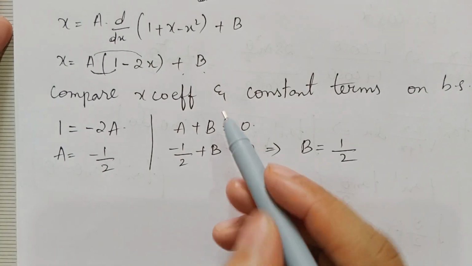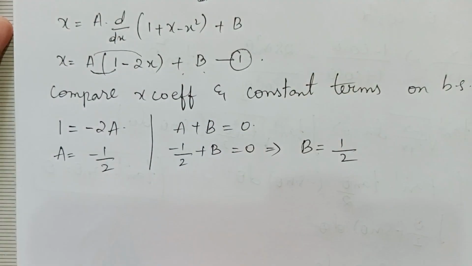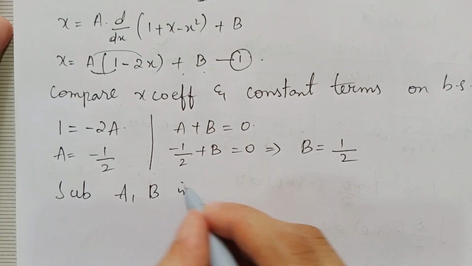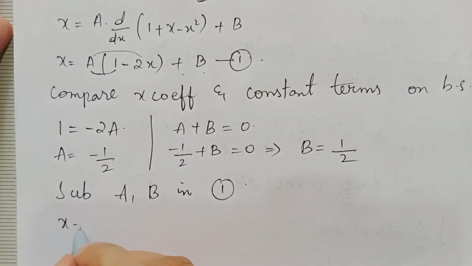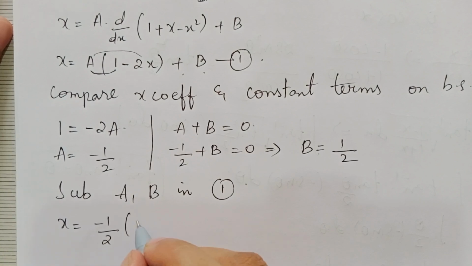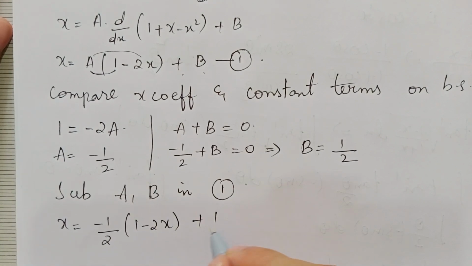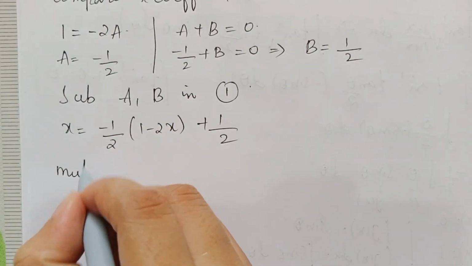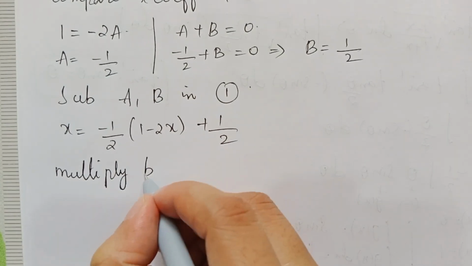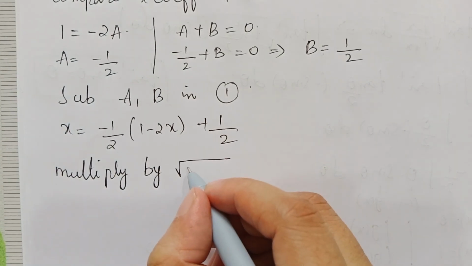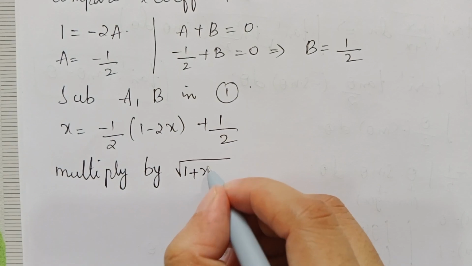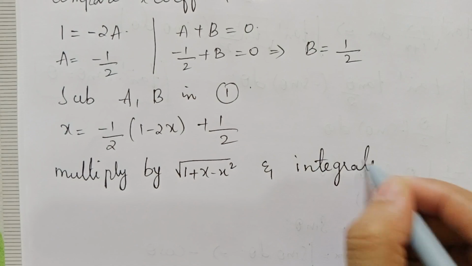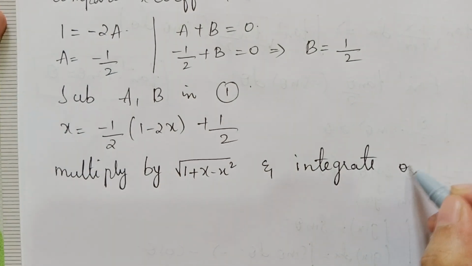Now substitute these values in this equation only, take it as 1. So substitute a, b in 1, we'll get x is equal to minus 1 by 2 into 1 minus 2x plus 1 by 2. Now multiply by our root term, which is 1 plus x minus x square, and integrate on both sides.